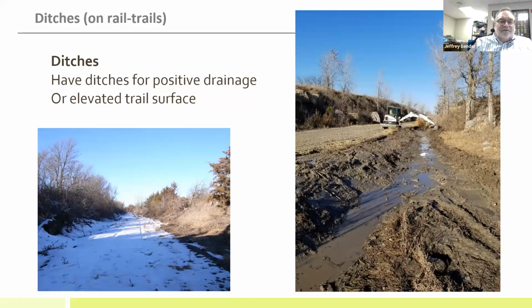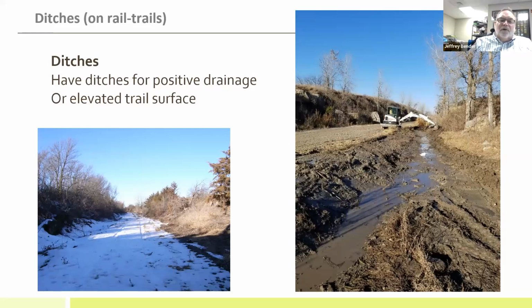Most railroads were built at 2% or less grades, but it's going through various landscapes. You might have a cut like in the picture on the right where the trail bed or rail bed was cut through a hill. There might be places where it's built up, but the cuts are especially problematic because you still need to maintain a trail.